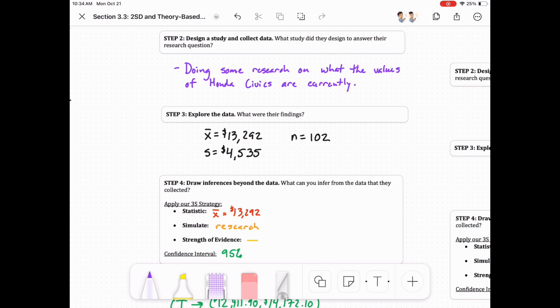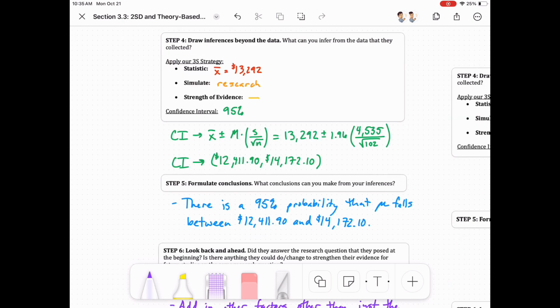We sampled 102 cars, and looking at our test statistic, that would be the sample mean. We didn't really need to simulate because there is nothing that we're testing. That's why there's no null or alternative in step 2 for our hypothesis. We're not looking at strength of evidence, we're looking at our confidence interval.